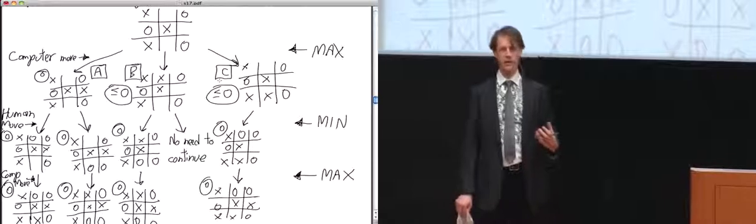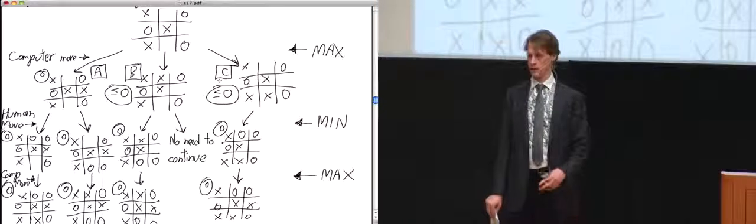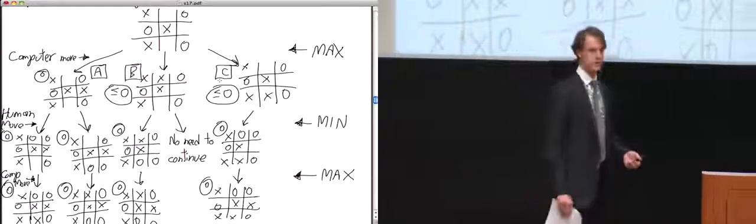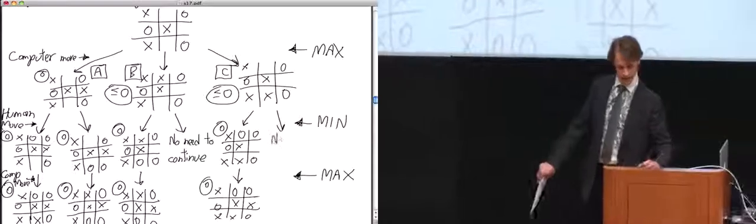So just like with B, we know that C cannot be a better move than A. It might be worse. It might not be worse. We don't care. We're not going to waste the time to find out.